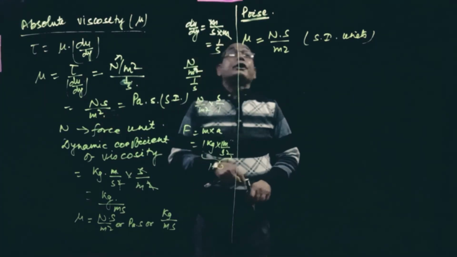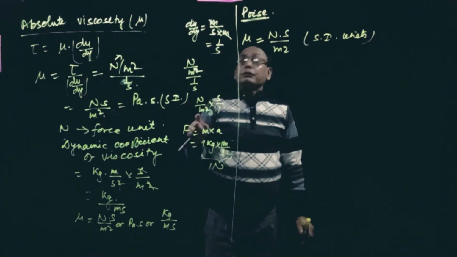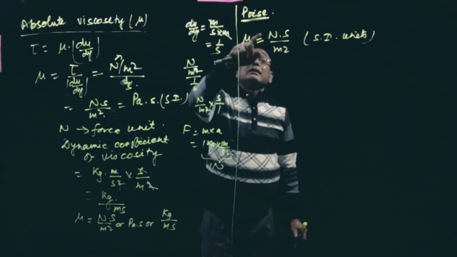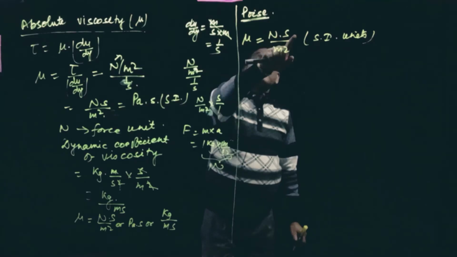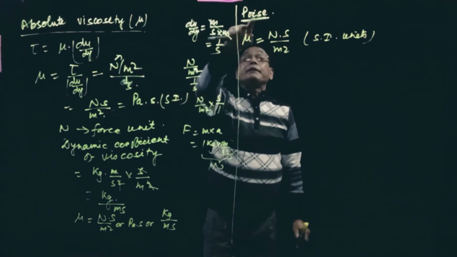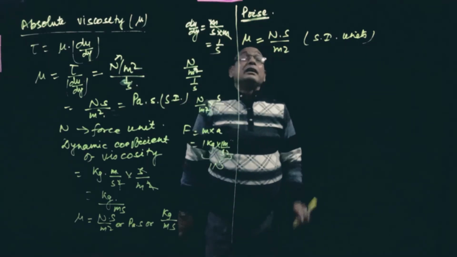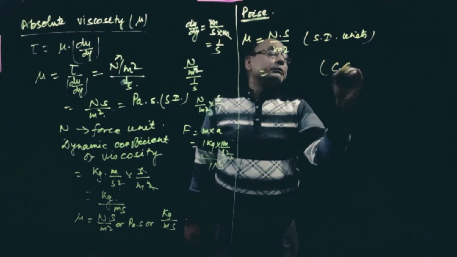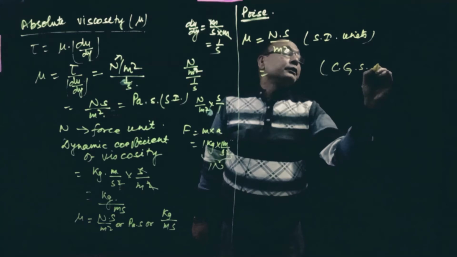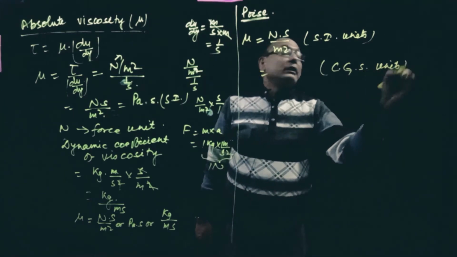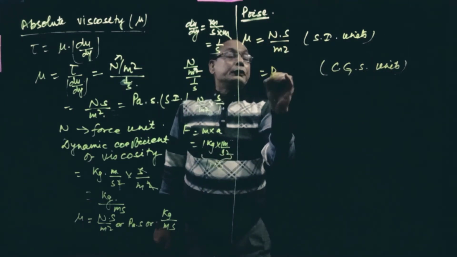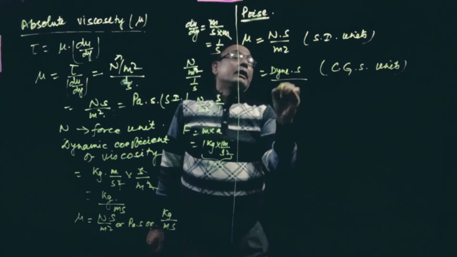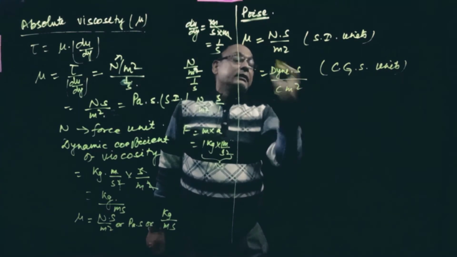That is a very, very important concept, and you must know how to convert this one. They will sometimes give you in Pascal second, but in most cases they will give you in Poise. So what is Poise? If we talk about the CGS system, then instead of Newton the force will be dyne, and the unit is dyne second per centimeter square.